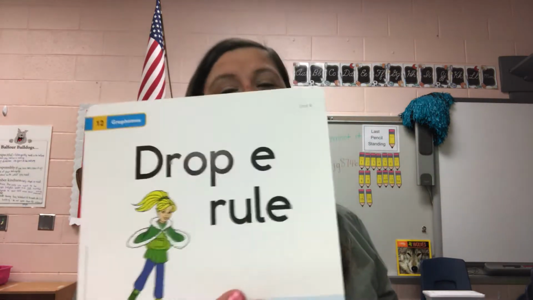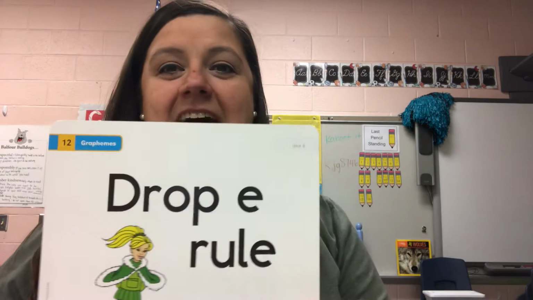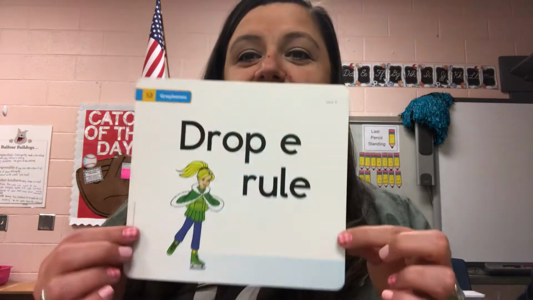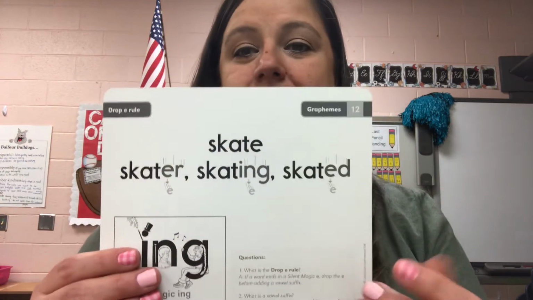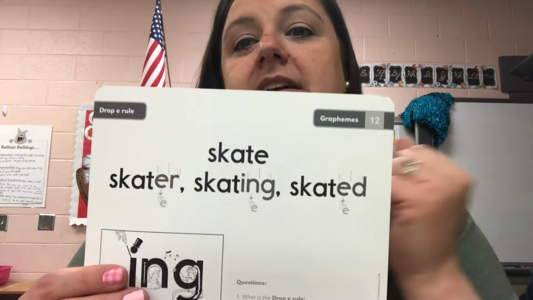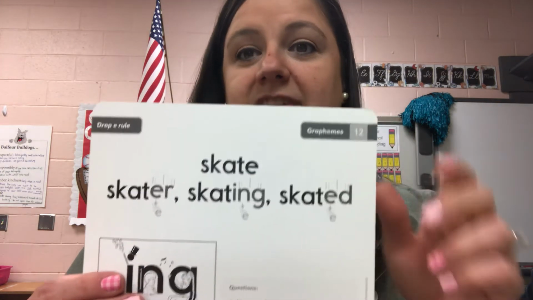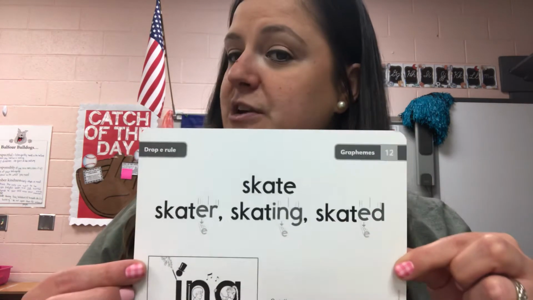We drop the E to add our T-I-O-N to make the sound shun at the end. So, remember, when you drop the E on some of the magic words at the end, you will add the T-I-O-N, or the shun sound. Not all of your spelling words will have this, but some of them will.